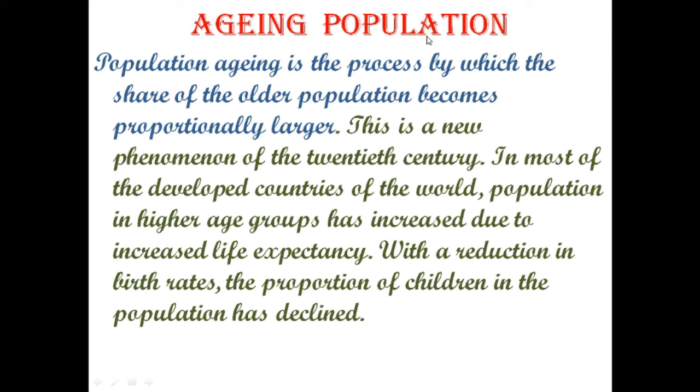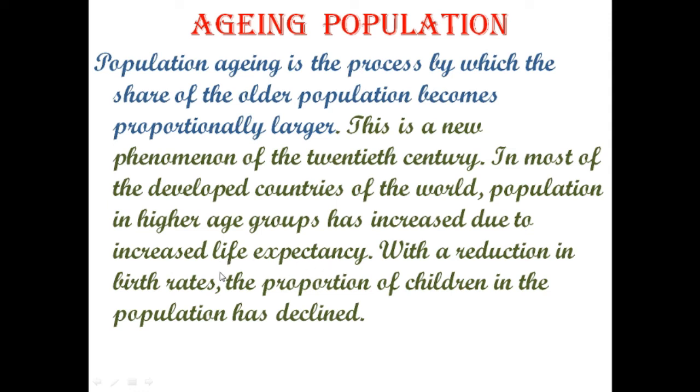The important definition: aging population. What is the meaning of aging population? Aging population is the process by which the share of the older population, meaning above 59 years, becomes proportionally larger when older people are in a large proportion. This is a new phenomenon of the 20th century. In most developed countries, the population in higher age groups has increased due to increased life expectancy.